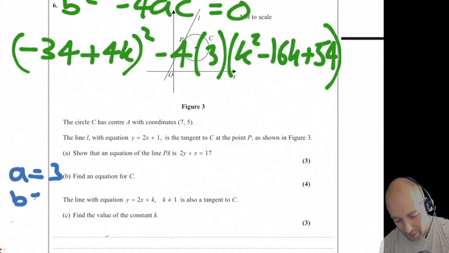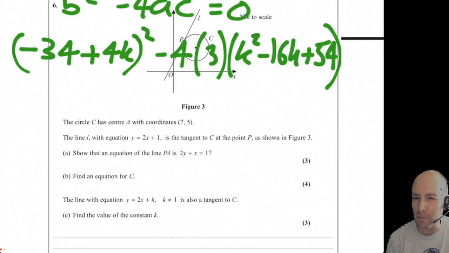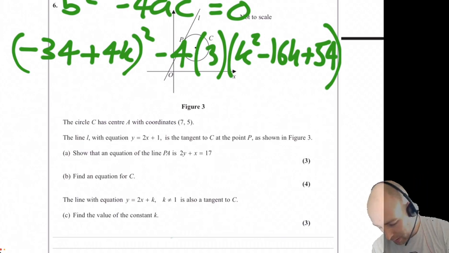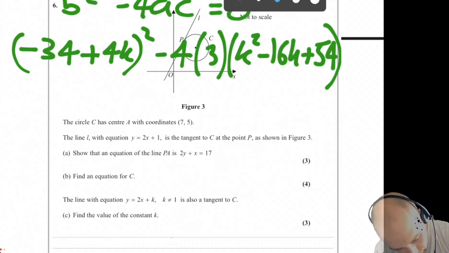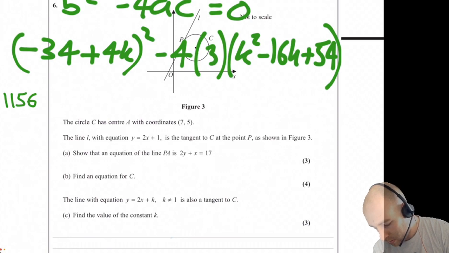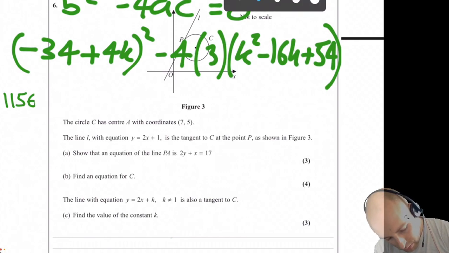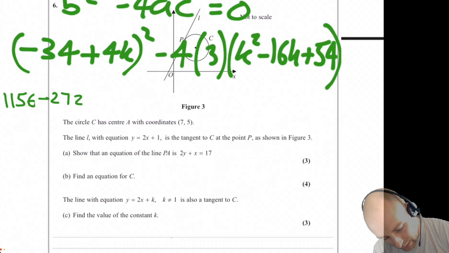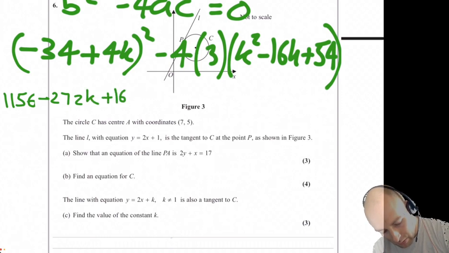If not, I think it's because I put 20 instead of 0. I can't remember if it was 20 or 0. Hopefully we're okay though. So expand this, we're going to get 34², which is 1156, minus 272k, plus 16k², take 12k².